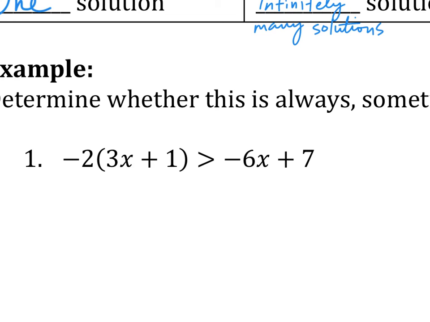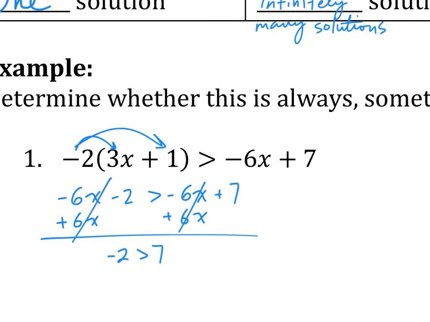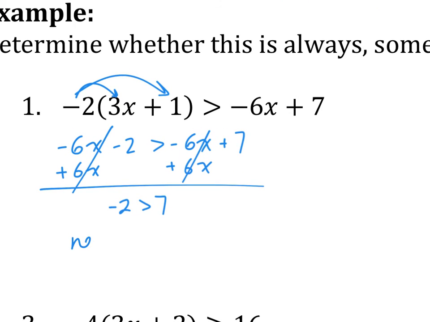I hope you guys can see why sometimes I choose to distribute and sometimes I don't. So this is -6x minus 2 greater than -6x plus 7. So let's try to solve this, and looks like I'm going to add 6x on both sides. So that actually cancels everything out. So -2 greater than 7. Is that true? No. So what is the answer? This is never true.